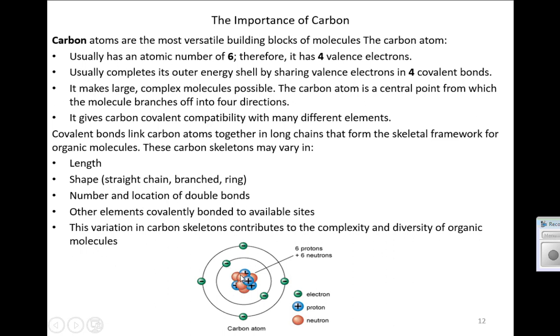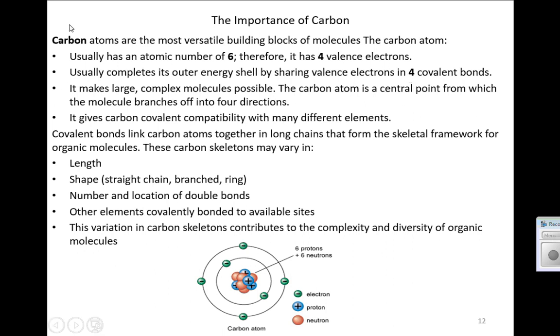Six protons in its nucleus, which aren't important to us as far as this goes. But what are the 2 and then remaining 4? Six total electrons, 4 of which are in the valence layer, thereby allowing it to complete its outer energy shell by sharing and forming up to 4 covalent bonds.